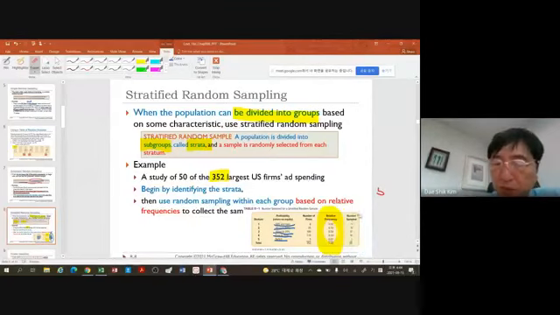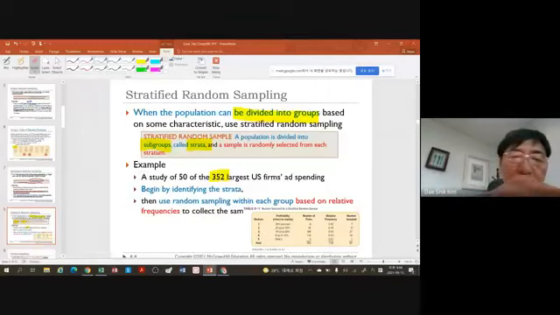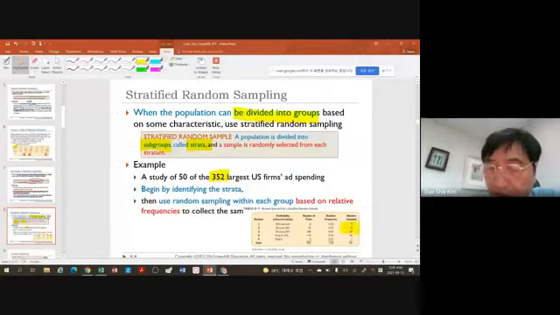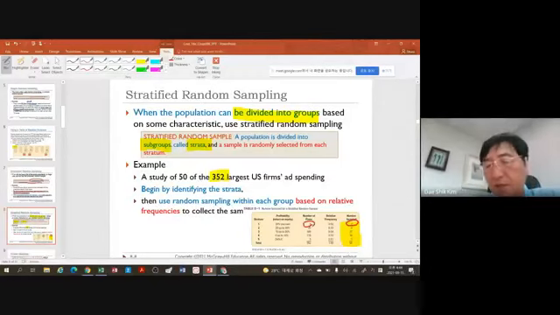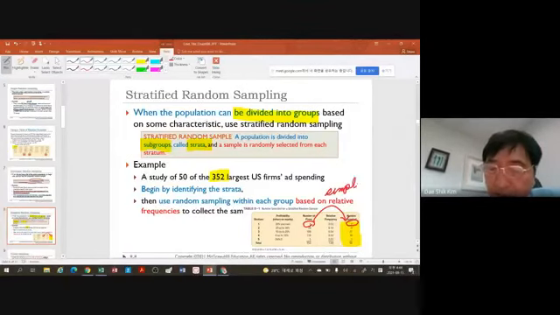But the next question is, how can I choose these 1, 5, 27, 16, 1? We need to choose 1 sample out of 8 firms randomly. From here to there, we need to use simple random sampling.